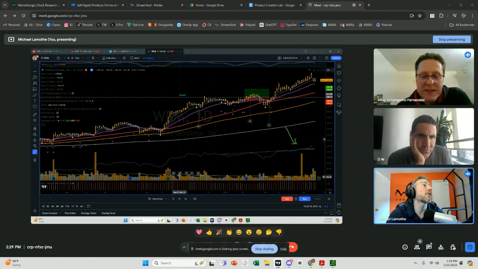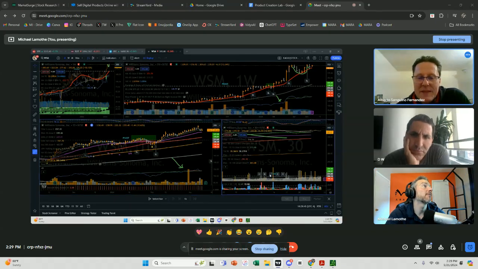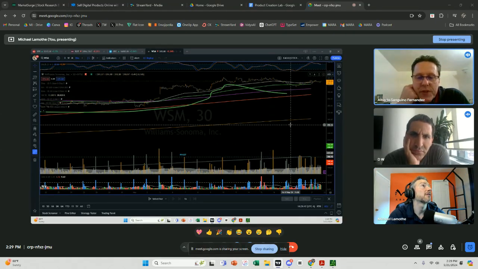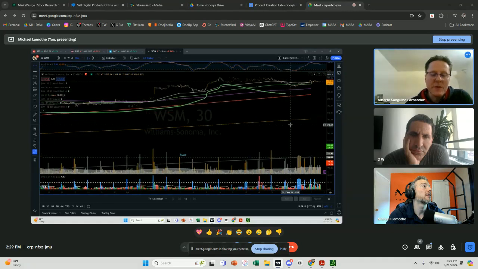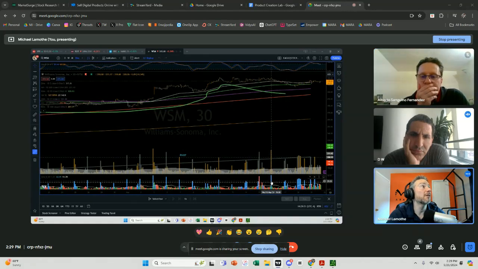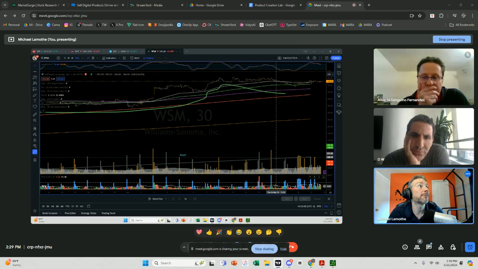Stu's indicator is another indicator question I have, the dollar volume. Tell me how to use Stu's indicator, because that's what I'm interested in as well. So this one down here, with the blue and the red and all that stuff, that's Stu's indicator. That's dollar volume.